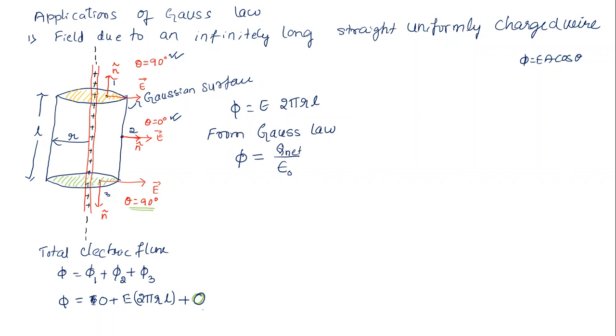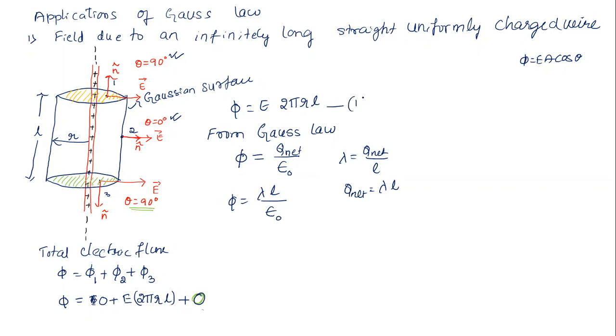I'm going to replace this because I don't know the single charge, but this is a continuous charge distribution, and its parameter is the linear charge density. I can write linear charge density lambda equals Q net by L, the length you have taken. Then Q net equals lambda into L. So I'm going to replace here the flux phi equals lambda into L by epsilon naught.